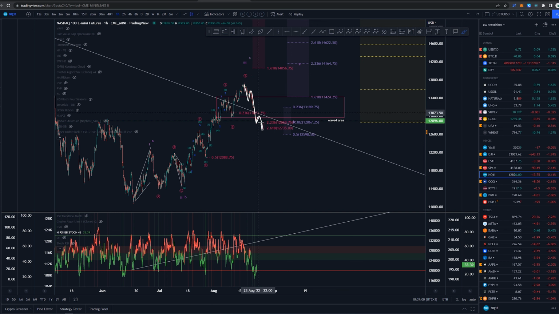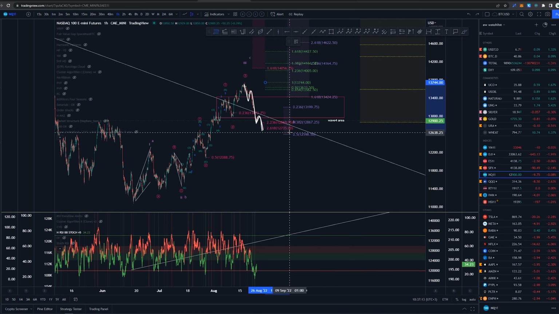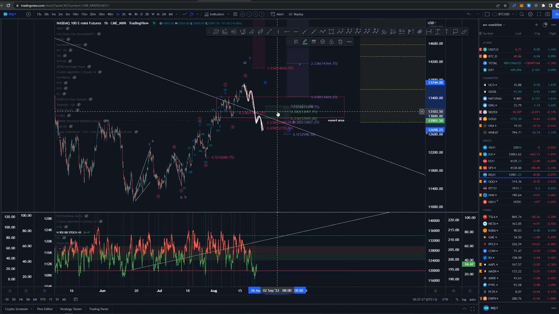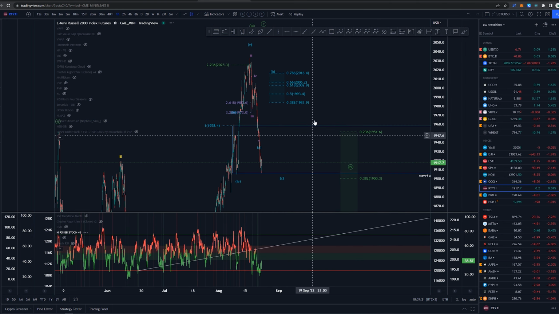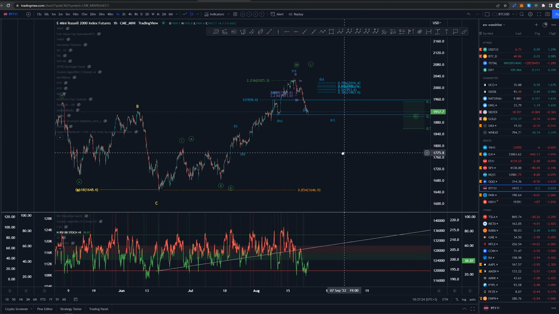Invalidation of this 5-wave move downwards would be right at these tops. So we could be taking shorts against the top here whenever we see some kind of 3-wave move back up. Again, the minimum we want to see for a retracement here would be the 38.2% retracement, and depending on the index you're trading, you should be measuring that yourself.